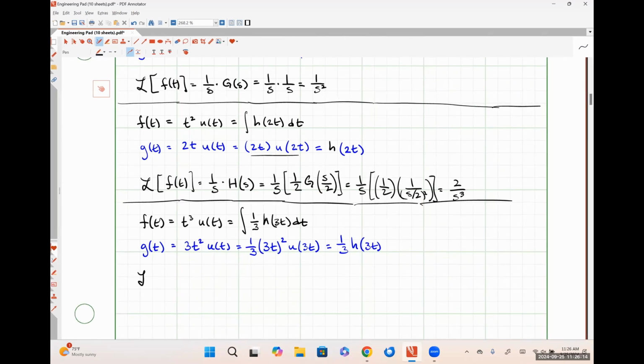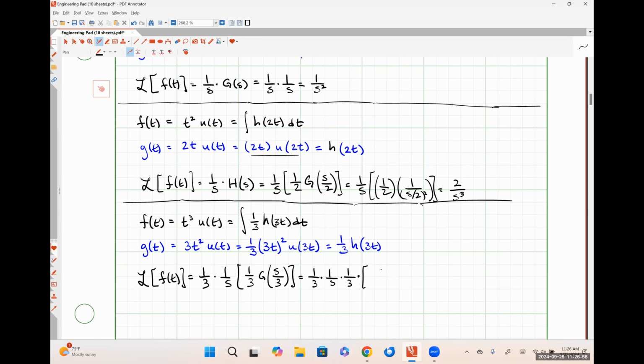So finding this Laplace transform is going to look like 1/3 times 1 over s times 1/3 of g of s over 3, which is going to look like 1/3 times 1 over s times 1/3 times... why do I have a 2 in my numerator here?